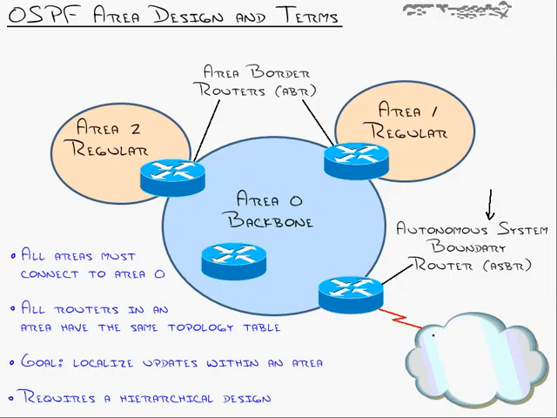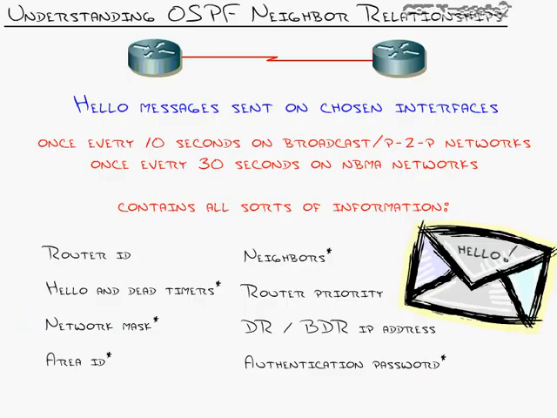So it could be a network that is running RIP over here. It could be the internet, and I would say that's the most common network that the ASBR connects to. There's many different things that this could be, but the ABR and the ASBR are the only 2 routers in OSPF that can do summarization between areas and between completely different routing systems.